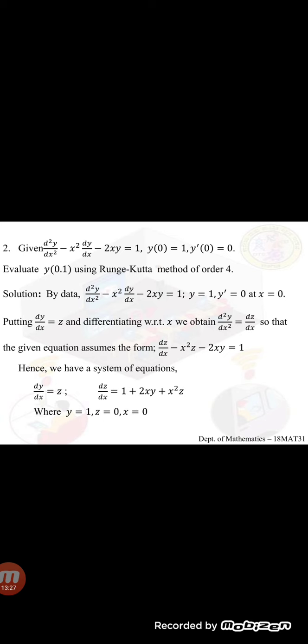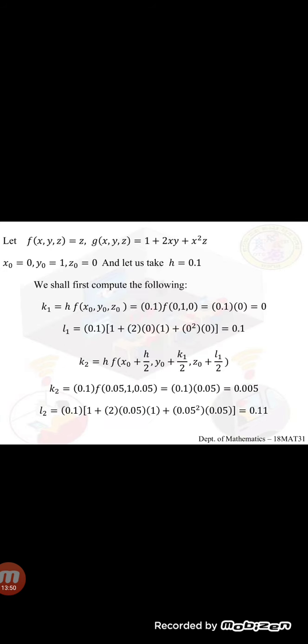So dy by dx equal to z. Then the first equation becomes dz by dx minus x square z minus 2xy equal to 1. Hence we have two system of equations. Dz by dx equal to 1 plus 2xy plus x square z, and dy by dx equal to z. Conditions will be y equal to 1, z equal to 0, x equal to 0.